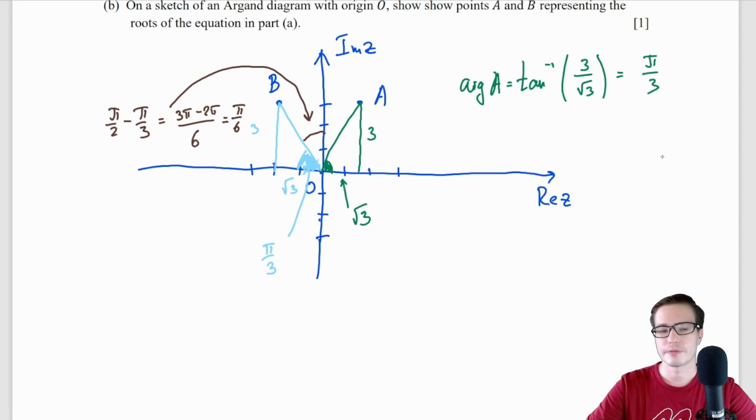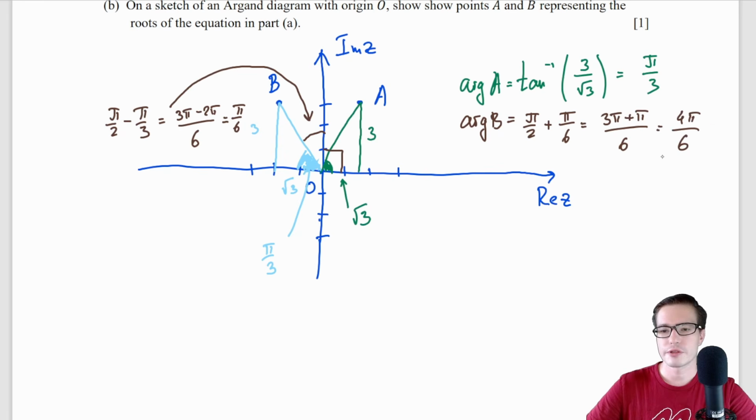So it's pi over 6. And all in all, argument b is going to be pi over 2, or 90 degrees, plus our angle on top, which is pi over 6. Four pi over 6, which is 2 pi over 3.